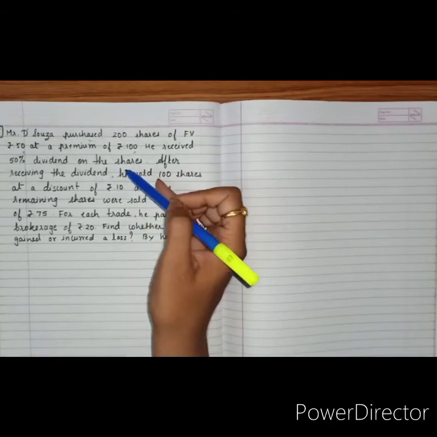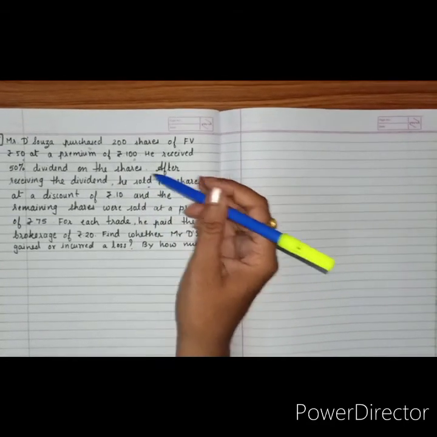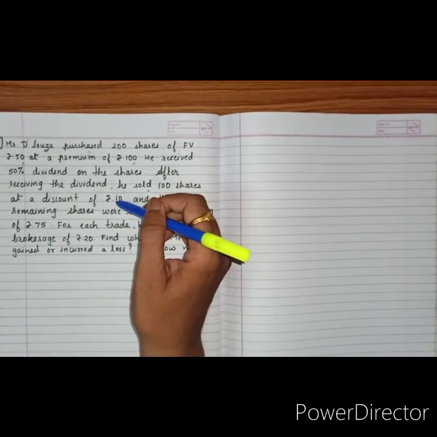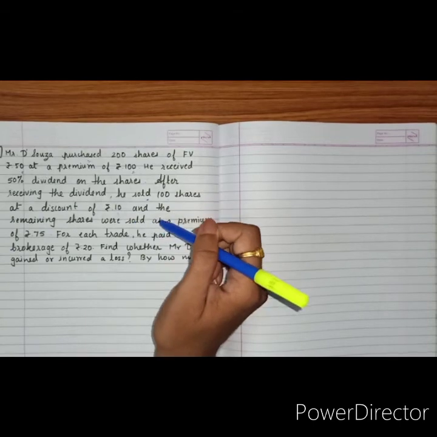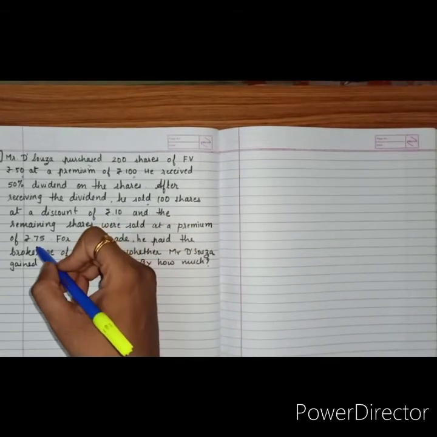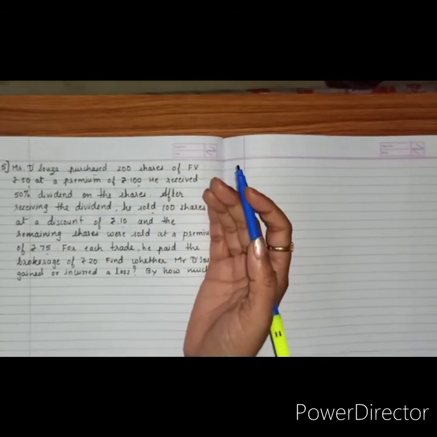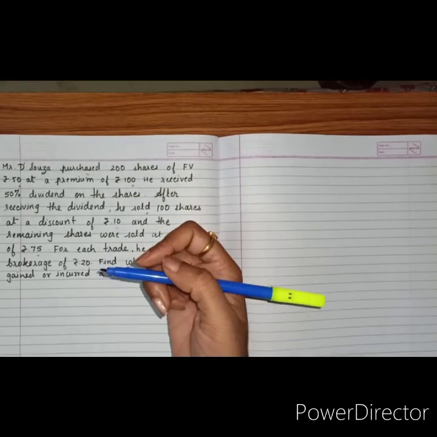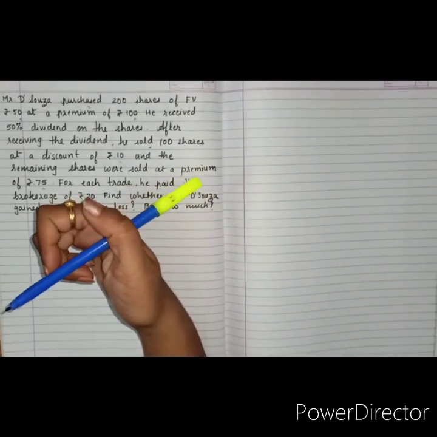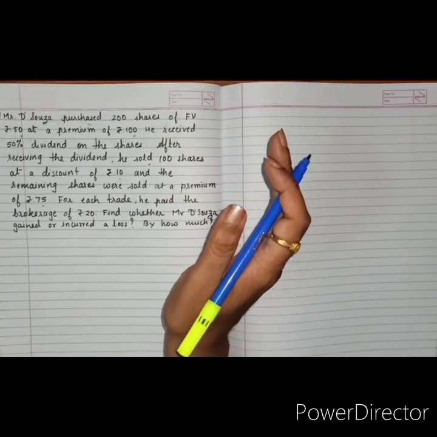After receiving the dividend, he sold 100 shares at a discount of rupees 10 and the remaining shares were sold at a premium of rupees 75. For each trade, he paid a brokerage of rupees 20. Find whether Mr. D'Souza gained or incurred a loss, and by how much.